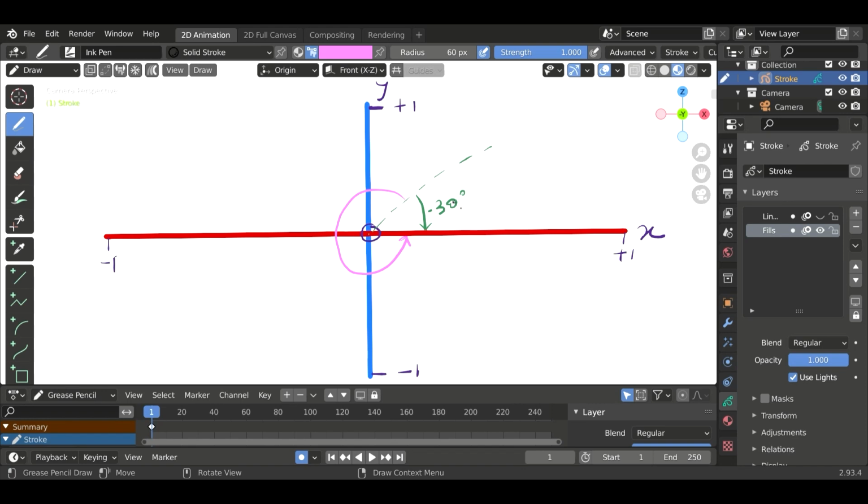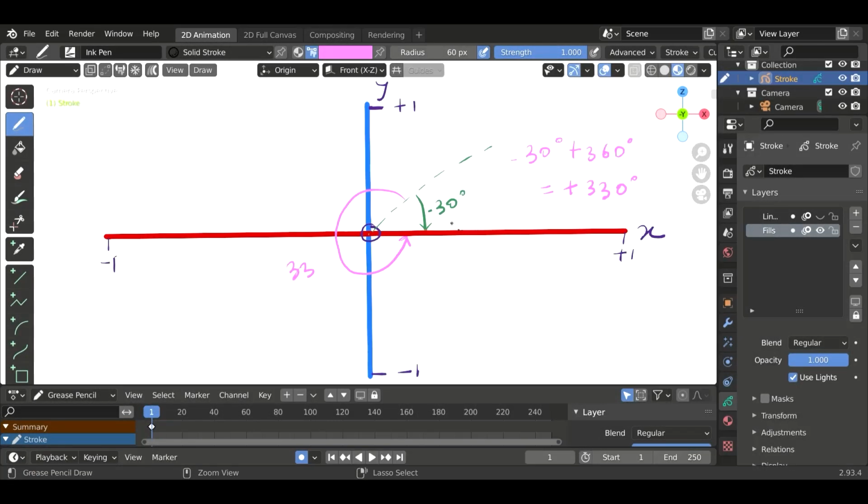Obviously it will be minus 30 plus 360 to get the rest of the circle, because we have 360 degrees in a circle, and that would give us positive 330. So this side will be positive 330 degrees.